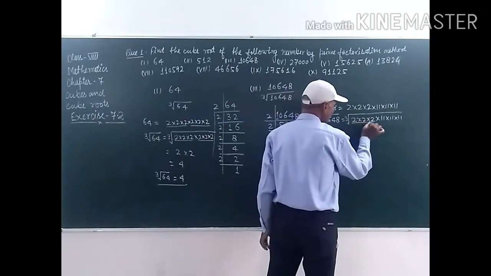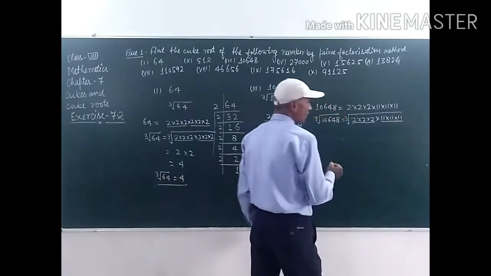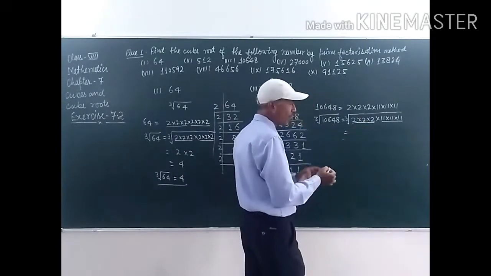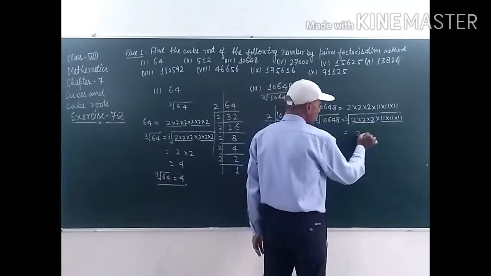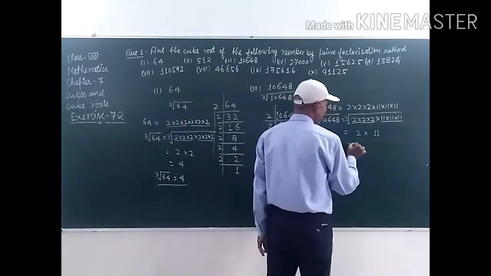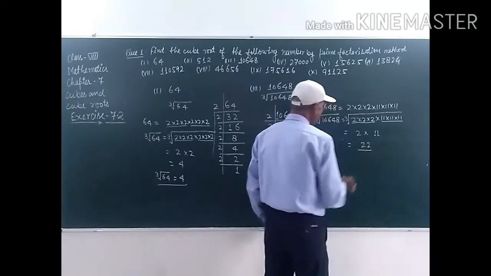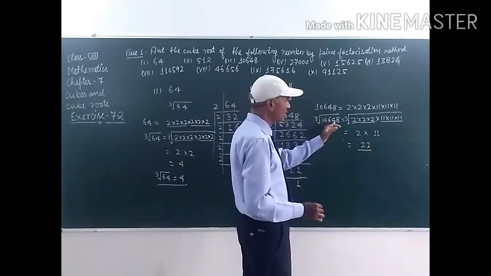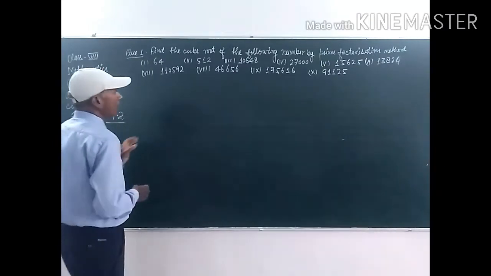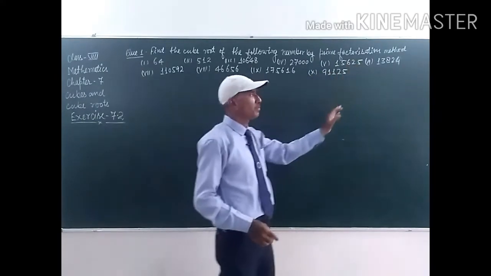So this one first group of 3 and this one second group of 3. From each group we have to choose one number or one factor. This one 2 into this one 11 and this is 11 2 ja 22. So cube root of 10,648 is 22 student.